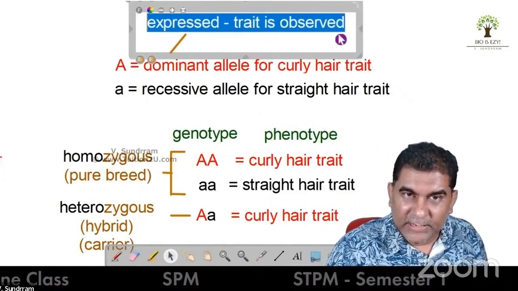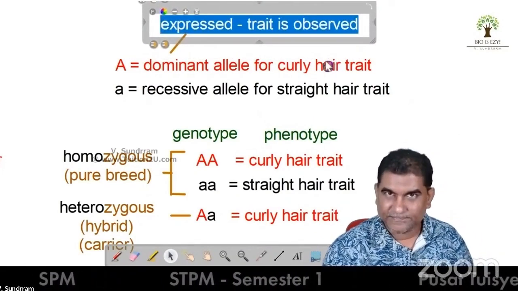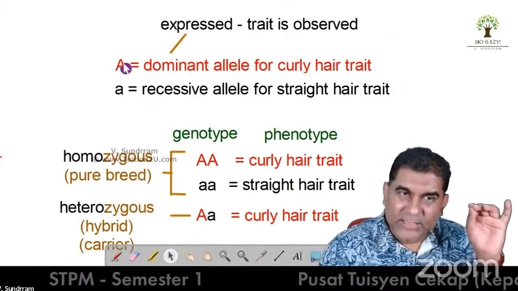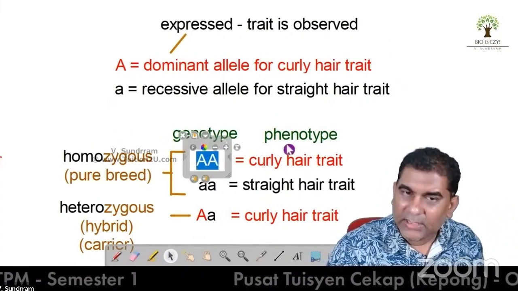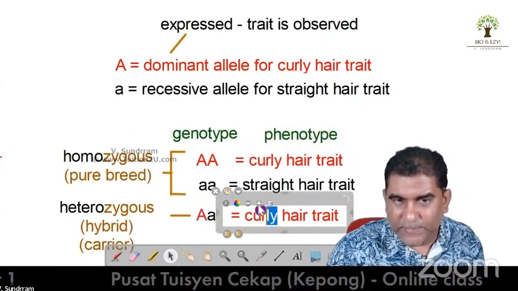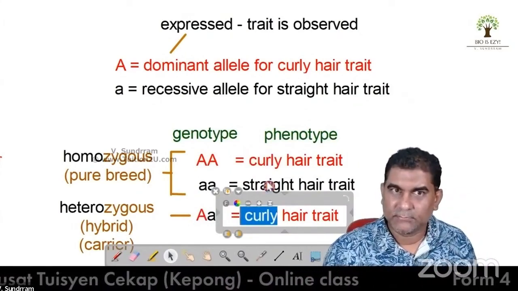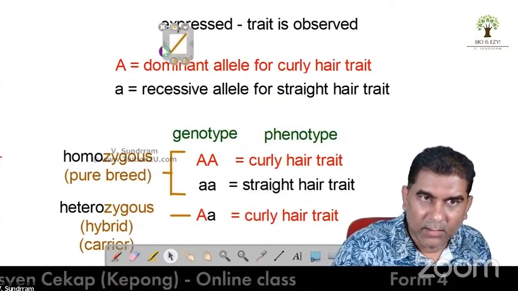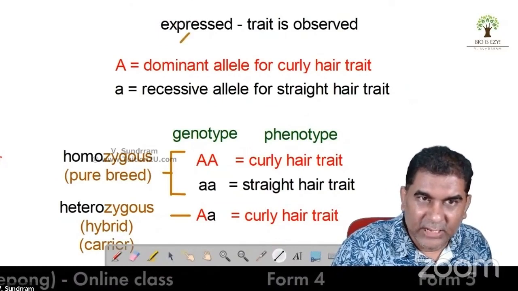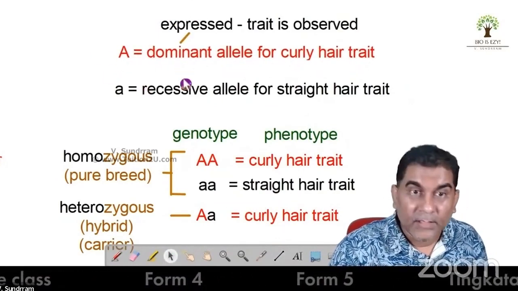If it's a dominant allele, the allele will be expressed, meaning you can see the trait. If he has capital A, that person will have curly hair. It will be expressed. So if it can be expressed, we call it a dominant allele.